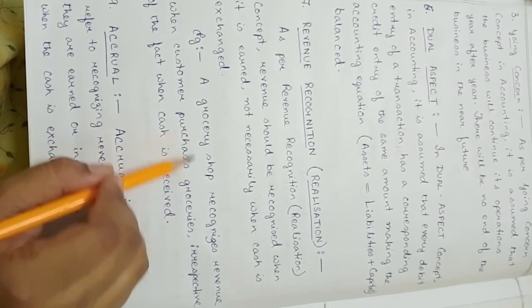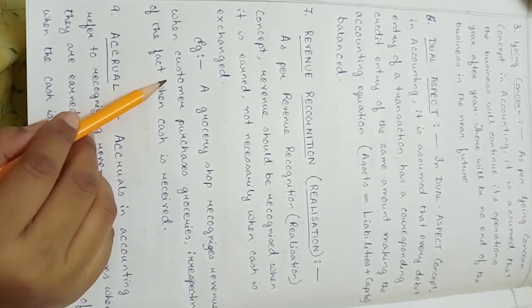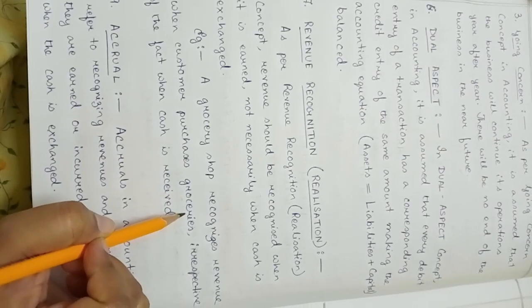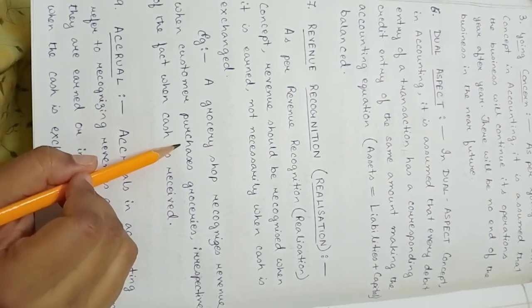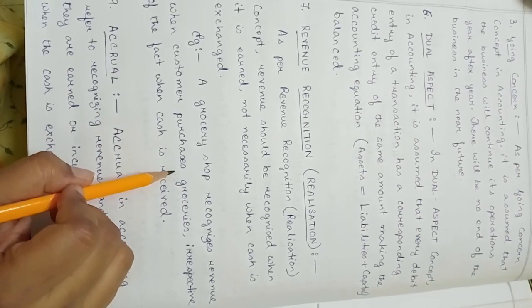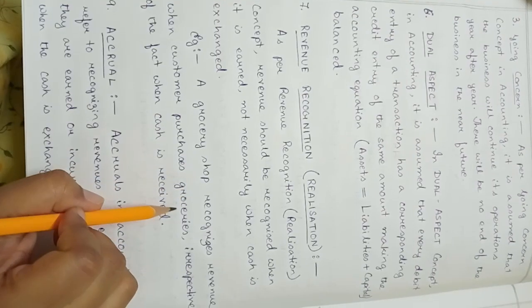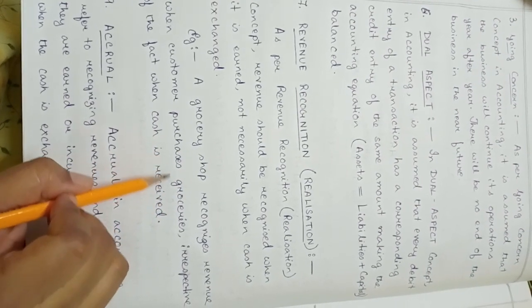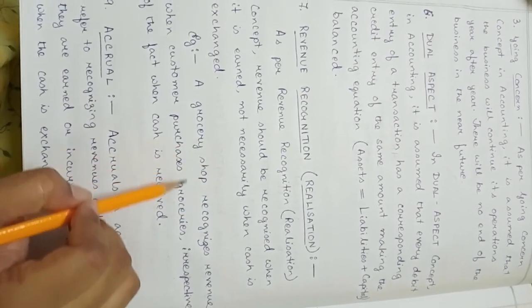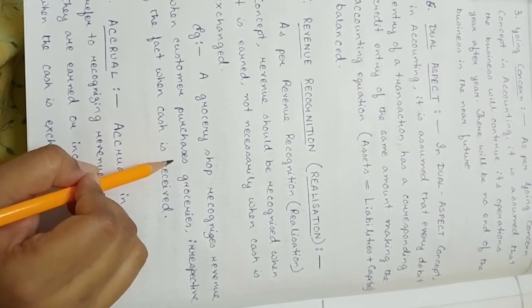Suppose a grocery shop recognizes revenue when a customer purchases groceries. If the purchase is made on credit, then also it is recorded in the accounting year. If it is purchased in cash, then also it is recorded in the same accounting year.